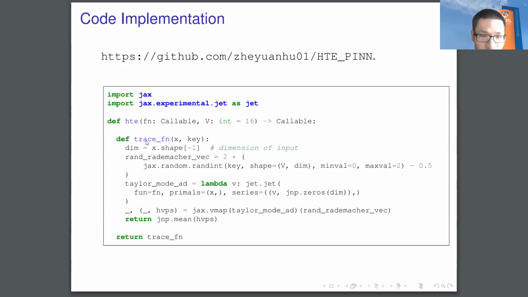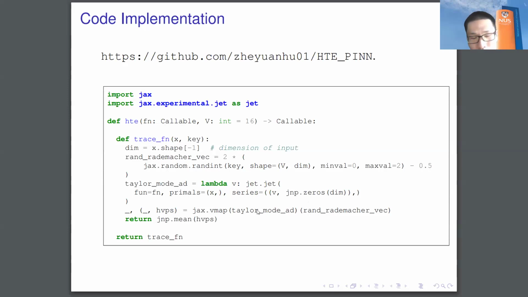In this code, we have a trace function, trace fn, and we have a random Rademacher vector. We sample the random Rademacher vector, and then using JAX's jet module we set up Taylor mode autodiff, and then we input the Rademacher vector into the Taylor mode AD, and then we get the Hessian vector product.